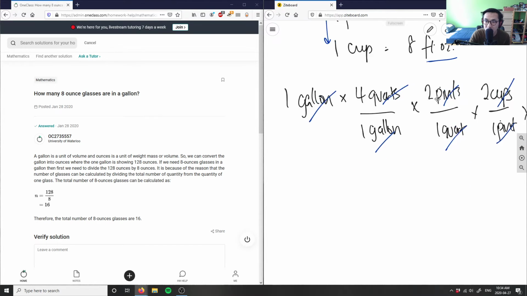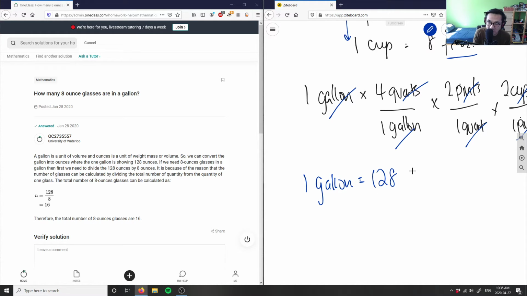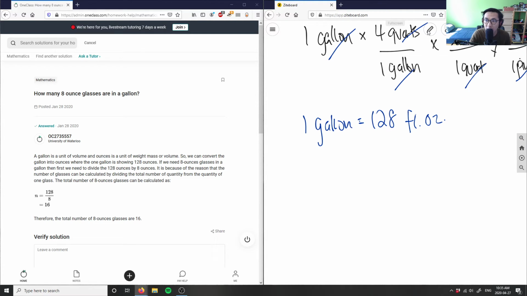So let me rewrite this here. I'll write in blue, sure. So it says 1 gallon equals 128 fluid ounces. And it's now asking us how many 8-ounce glasses are in a gallon, right? So if I know that 1 gallon equals 128 fluid ounces, I can now finally relate this. I have this relation here, which is 128 ounces.